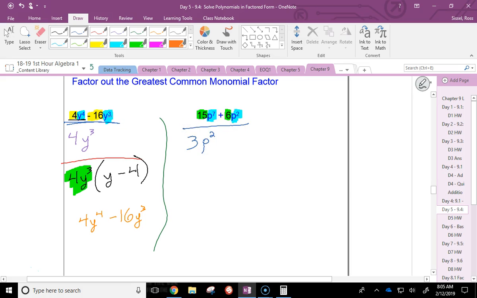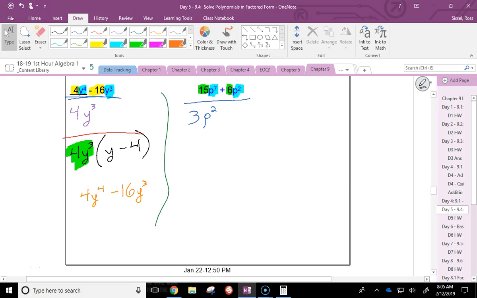So now we're thinking, okay, I'm dividing by this. If you think of that like I am dividing, I'm going to come back down and say, I have 3p squared. That was my greatest common factor. 15 divided by 3 is 5. P to the 7th divided by p squared is p to the 5th.